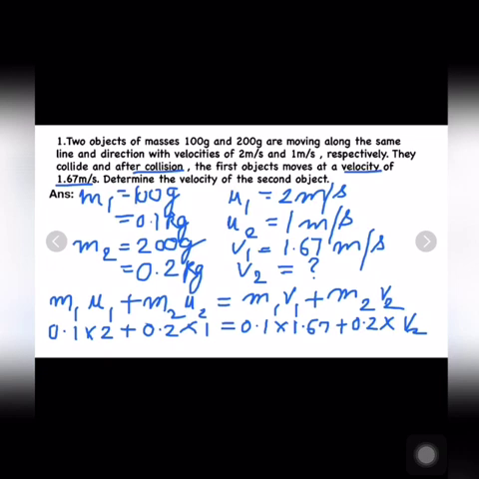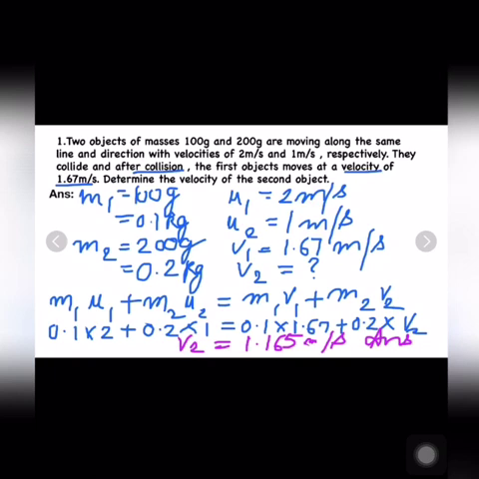Now after solving the equation for v2, v2 will be equal to 1.165 meter per second. So this is your answer.